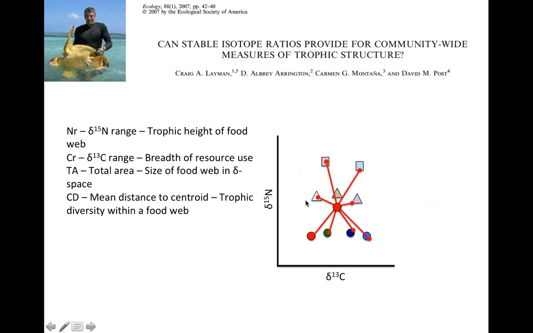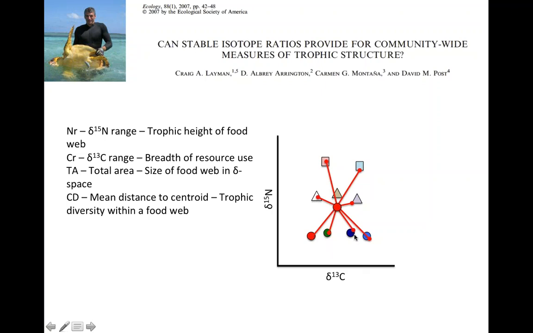Then CD, mean distance to centroid. If you plot a centroid, the mean of means, or the mean of all the different consumers, all the different populations in your community, and then the distance between each one of those and your centroid.